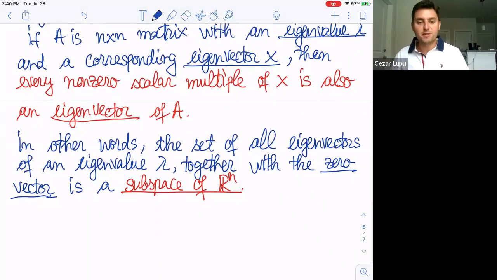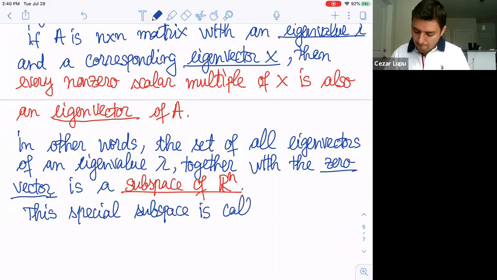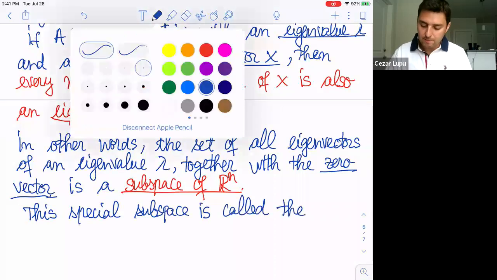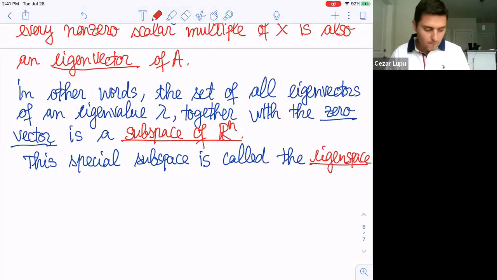And this special subspace we will call, this special subspace is called the eigenspace of lambda.